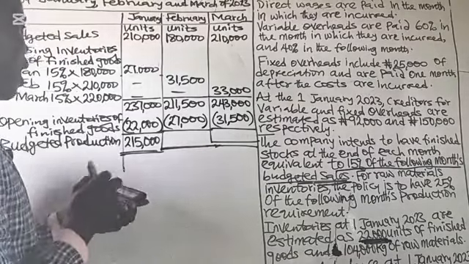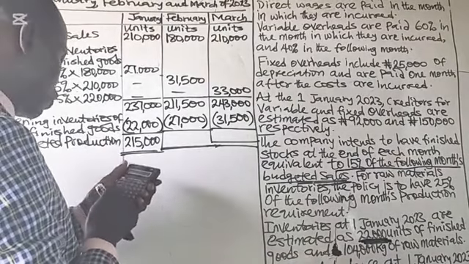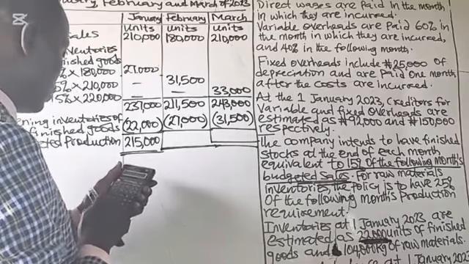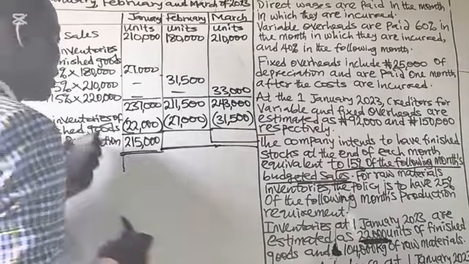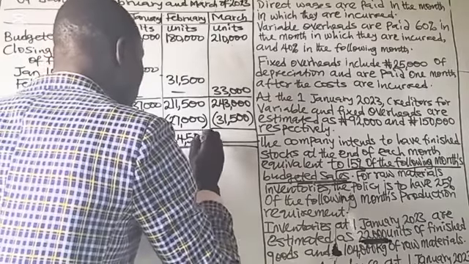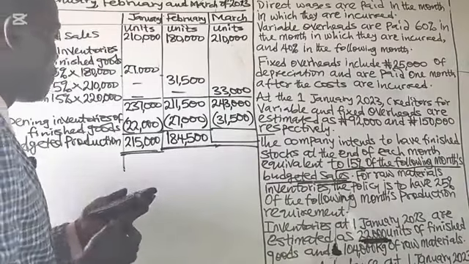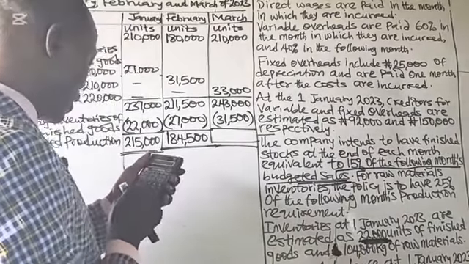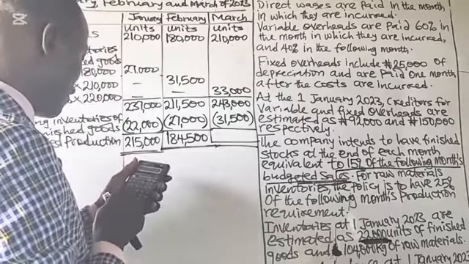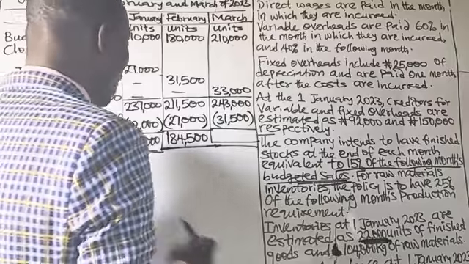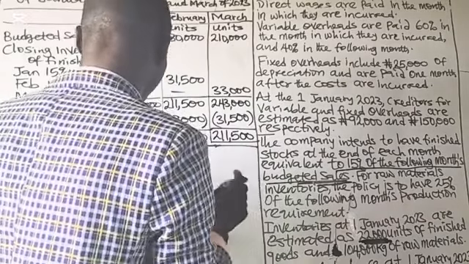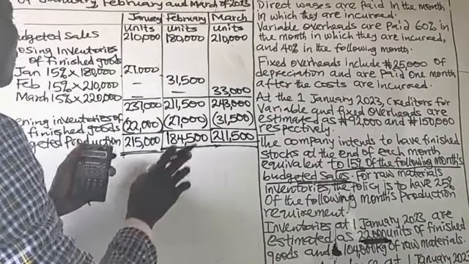So for the month of February, we have 211,500 minus 27,000. So we have 184,500. For the month of March, we have 243,000 minus 31,500. So we have 211,500. This is the budgeted production for the period.